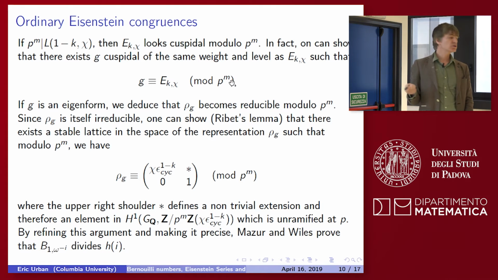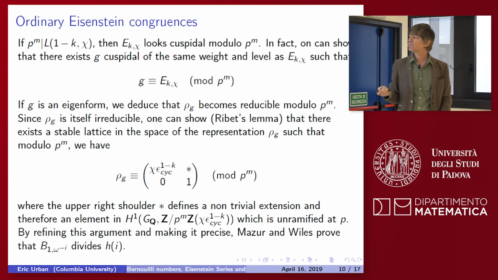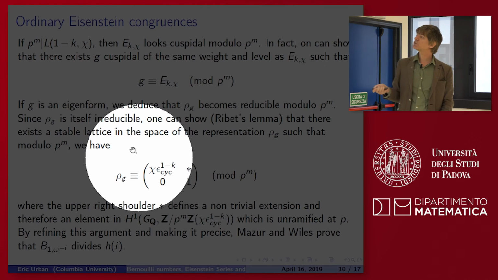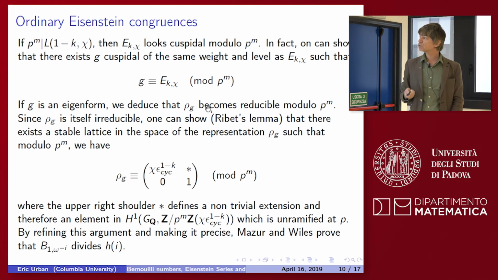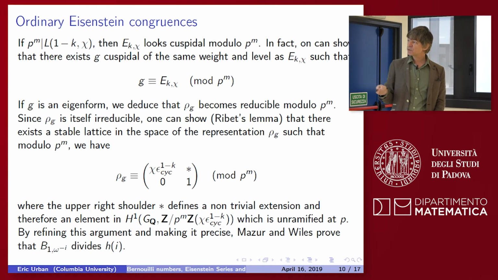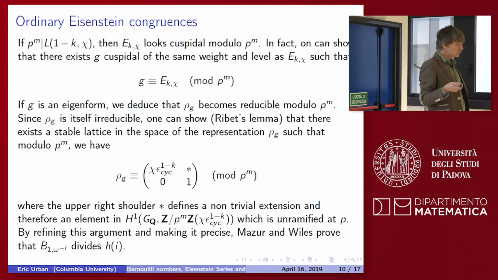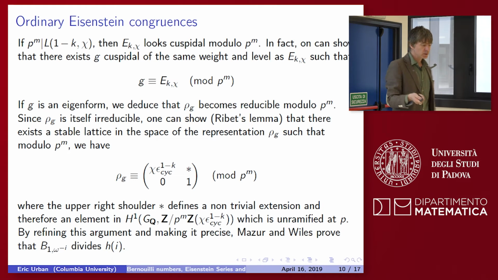And so in general, g is not necessarily an eigenform, but if g is an eigenform, you deduce that the corresponding Galois representation, rho_g, becomes reducible modulo p to the m. And on the other hand, g being cuspidal, rho_g has to be irreducible. So you have some representation which is irreducible that becomes reducible modulo some power of p.